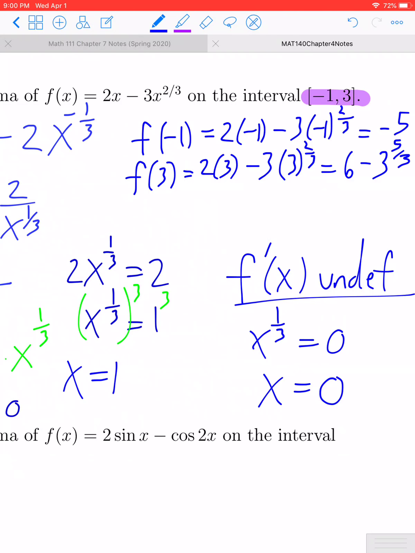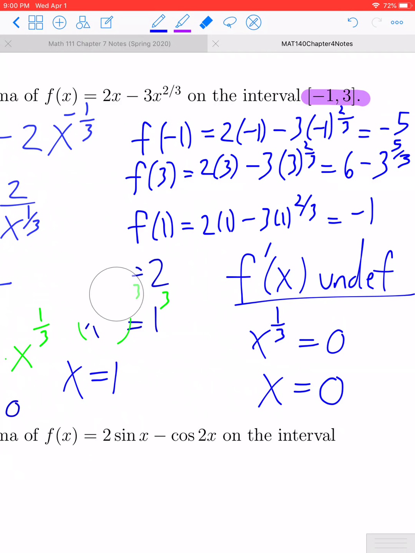And we'll get a calculator out in a minute to approximate that. We also need to evaluate the function at the critical numbers. If we look at f of 1, this is going to be equal to 2 times 1 minus 3 times 1 to the 2/3. That's going to be equal to -1. Let's get some more room here.